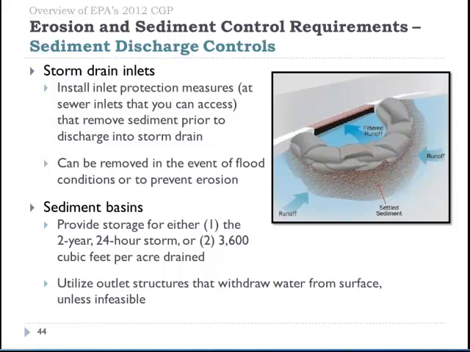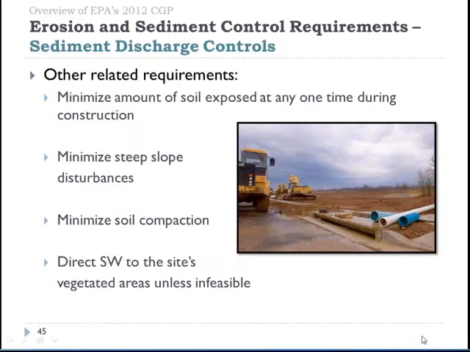What's new is the C&D rule requirement to utilize outlet structures that withdraw less turbid water from the surface unless infeasible. And here, those are fairly pervasive, and it's unlikely that they're infeasible. We certainly allow in the permit for that to be documented, and not to use them if it's infeasible.